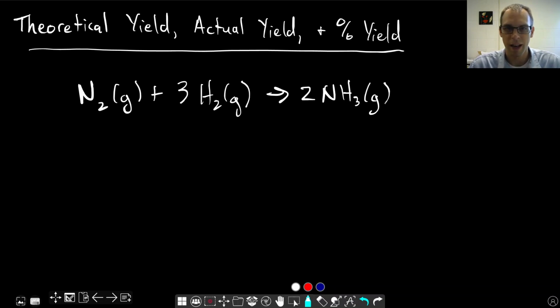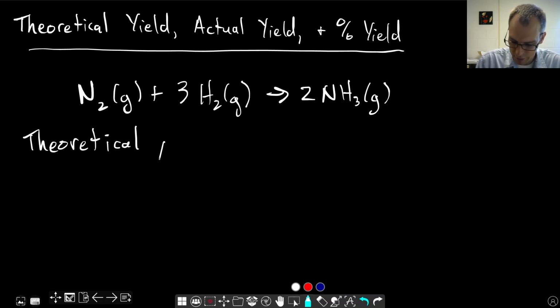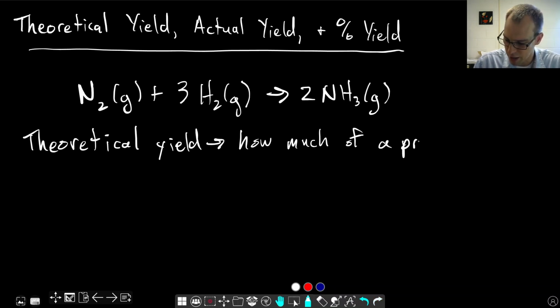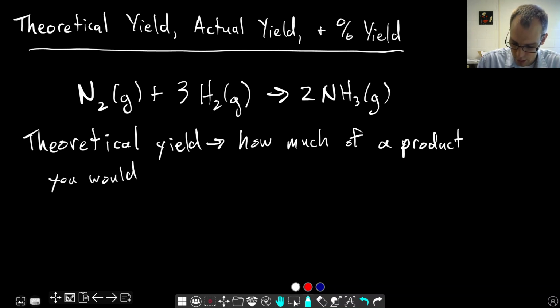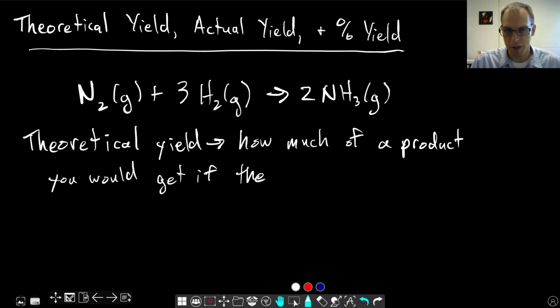To get at that idea, we're going to talk about theoretical yield. Everything we've calculated up to this point, the way we've done the calculations, is the theoretical yield of a reaction. So what is theoretical yield? It is just how much of a product you would get if all of the reactants turn into products.